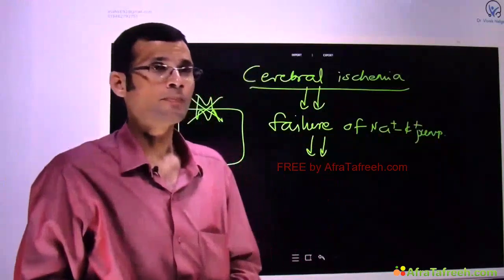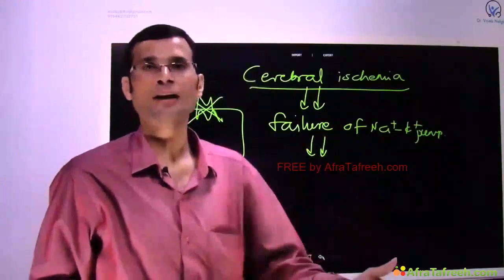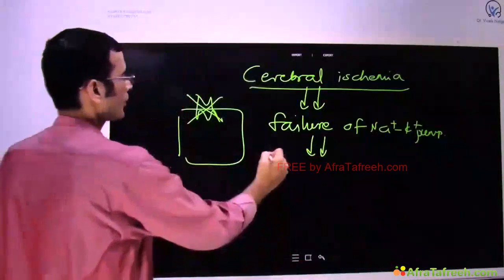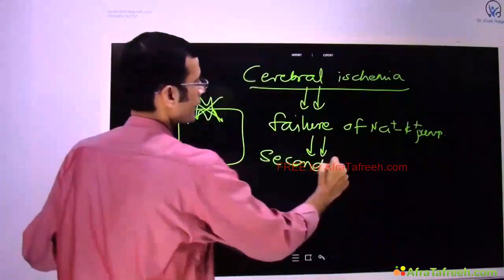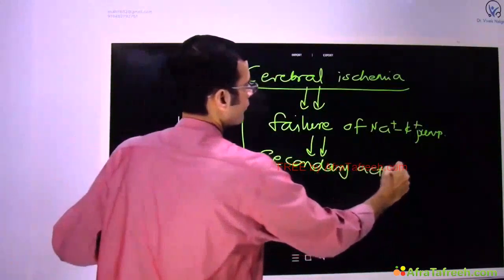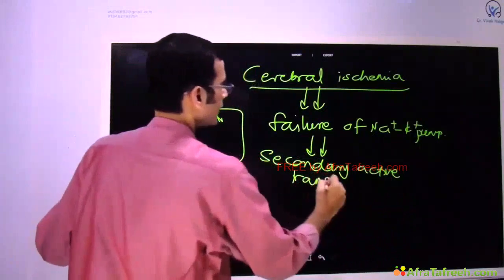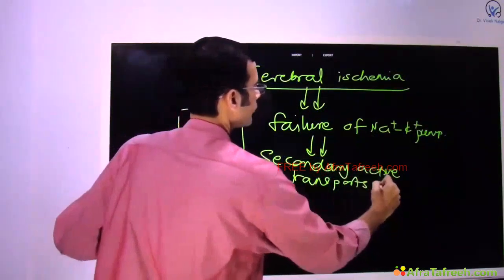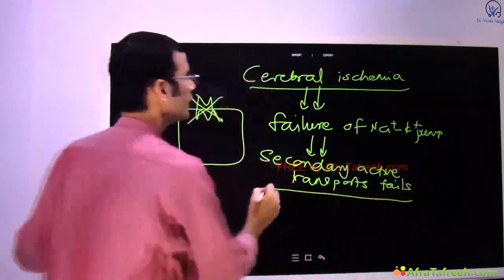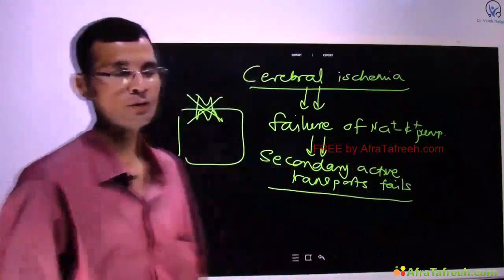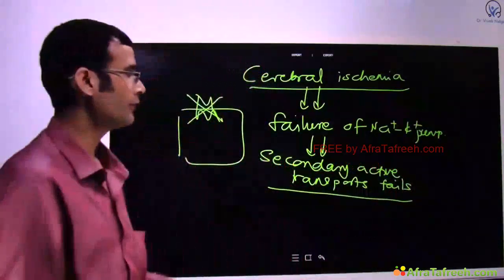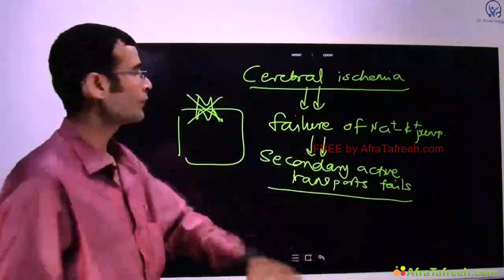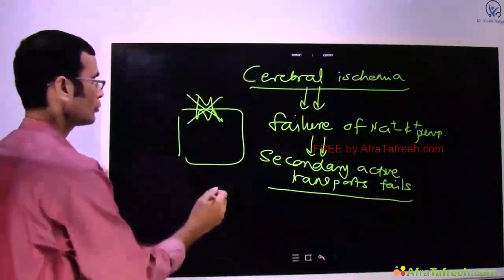and if there is failure of the sodium potassium pump, that means all the secondary active transports will also fail. We have done this already, that all the secondary active transports are critically dependent on the primary active transport, the sodium potassium pump. If the primary active transport fails, then all the secondary active transports will also fail.